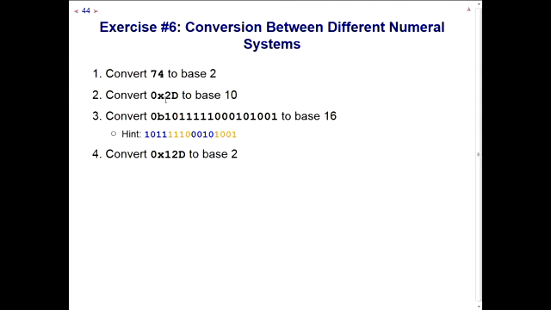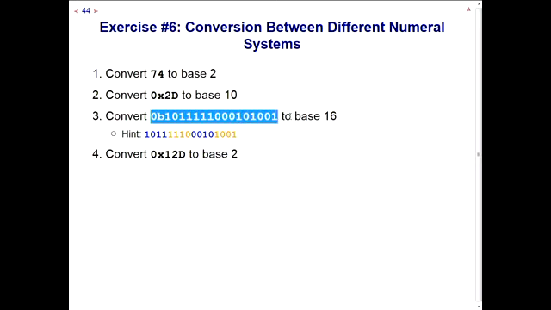What is hexadecimal 2D in decimal? 45, that's correct. 32, 2 times 16, plus 13, D is 13.